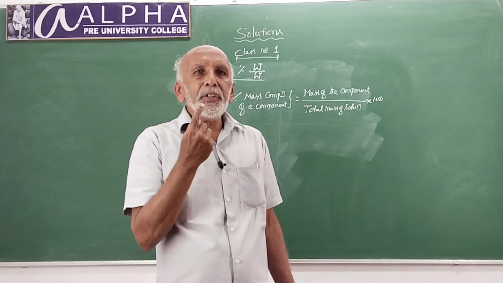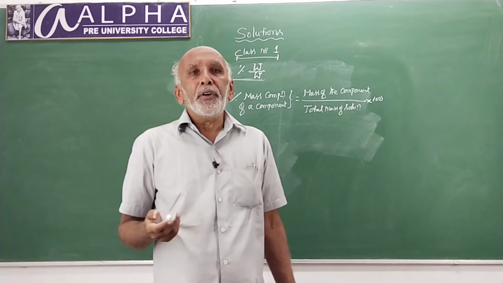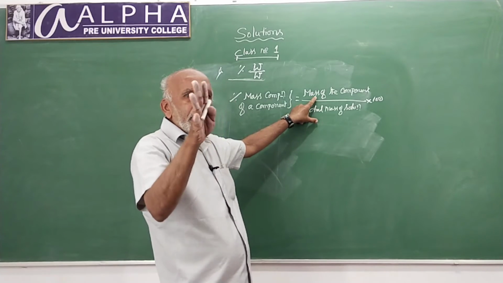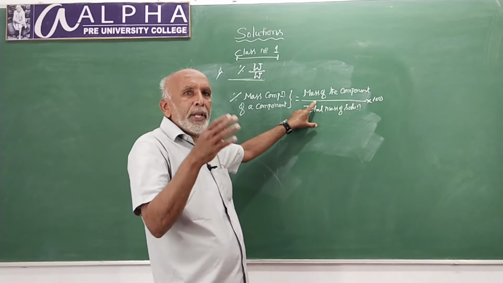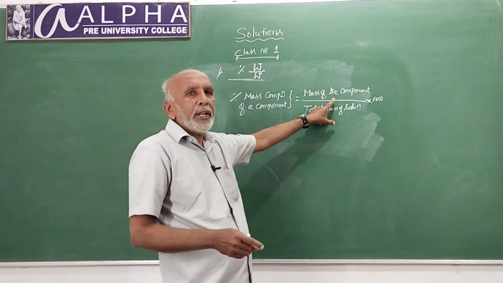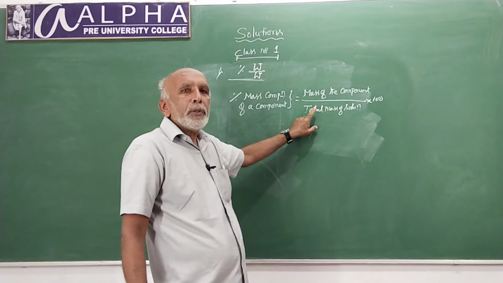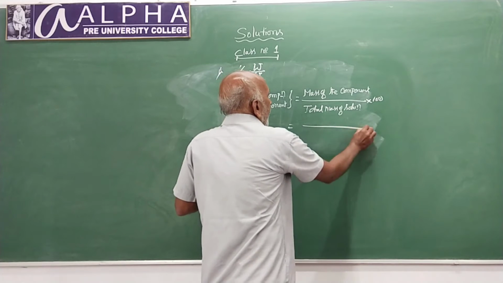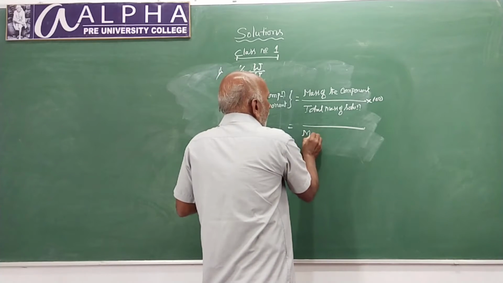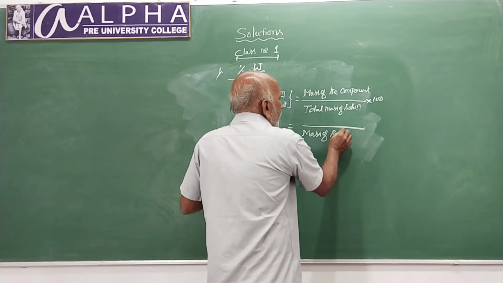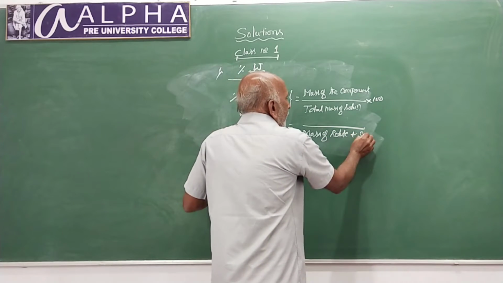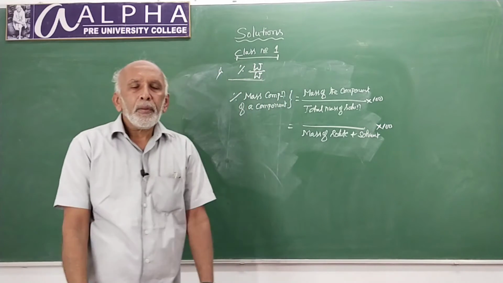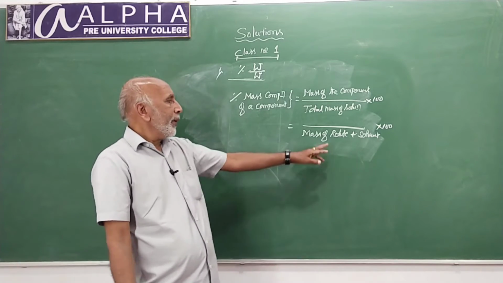This is the percentage mass composition of solution. It is the percentage ratio of the mass of the component, may be solvent or a particular solute if more than one solute is present, to the total mass of solution. Total mass of solution is nothing but mass of solute plus mass of solvent.